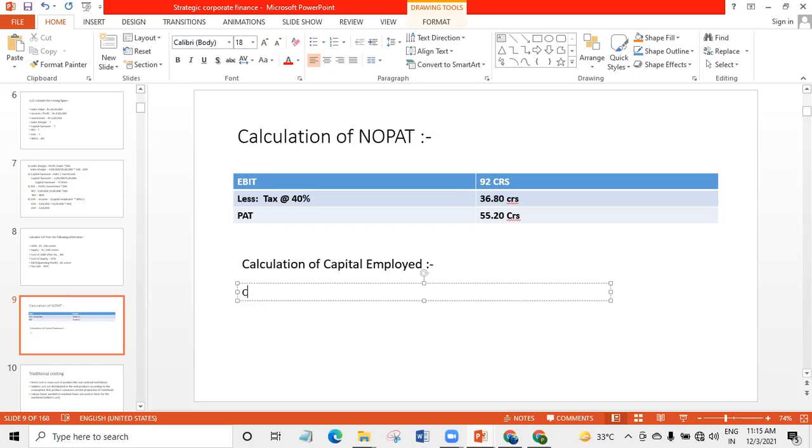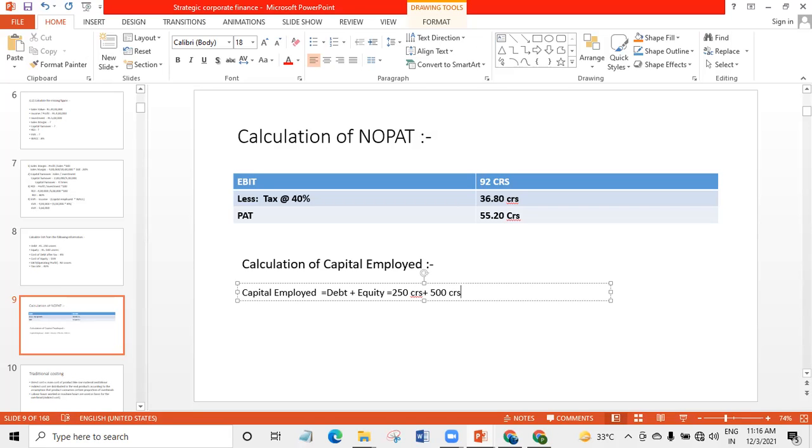Capital employed is equal to debt plus equity. The company raised debt of 250 crores plus equity of 500 crores.